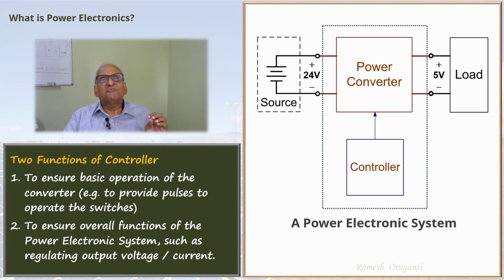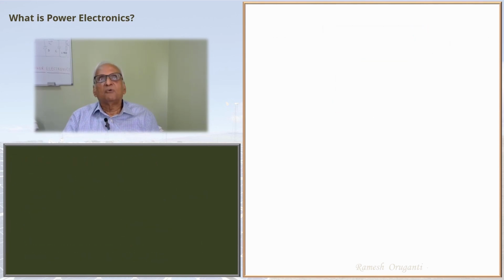You can see from here that we can come up with a simple definition for power electronics. Power electronics consists of three components, three sub-areas. One, we are doing everything using electronics.